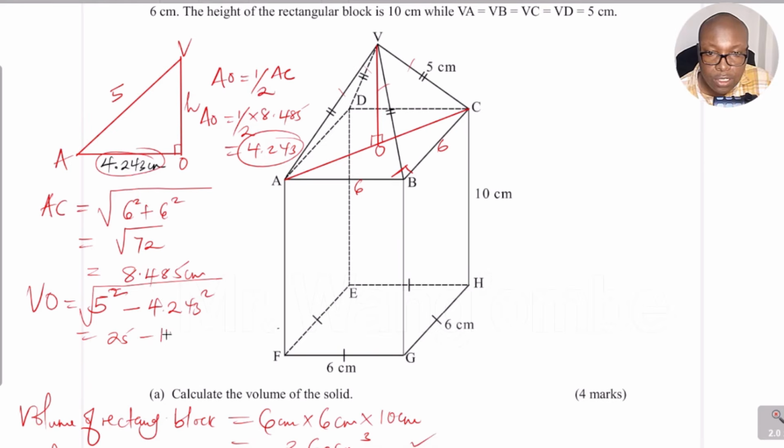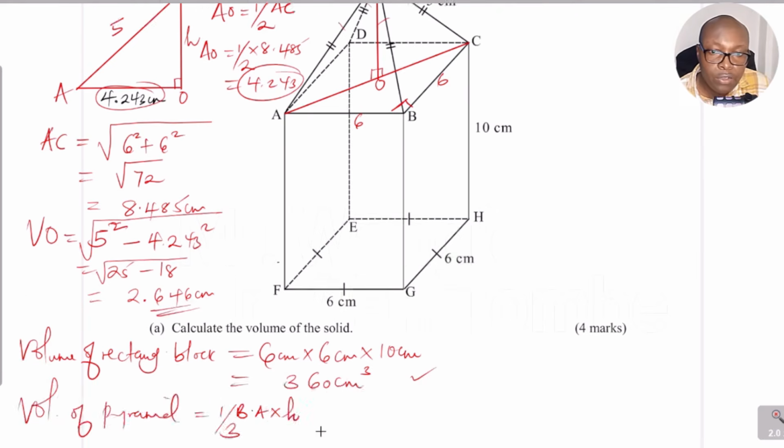That gives 18.000, and so this gives the root of 7. And the root of 7 will be 2.646 centimeters. So that is the height. Now we have the height of the pyramid.